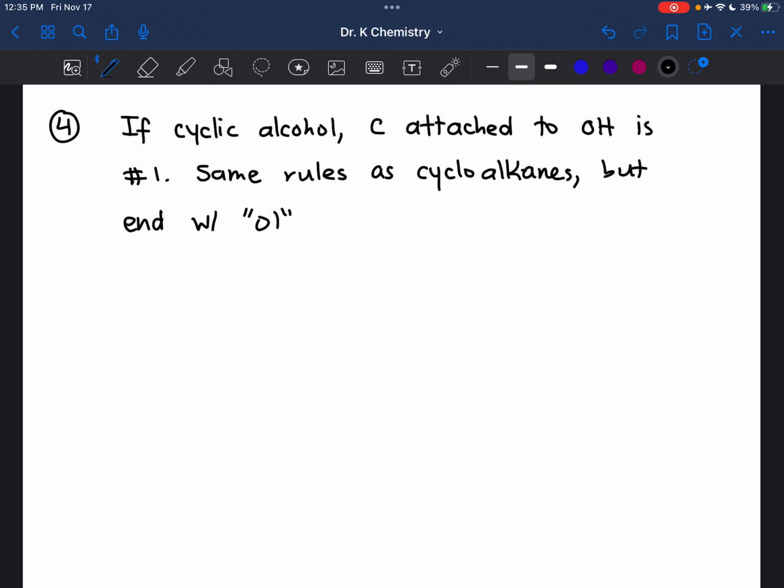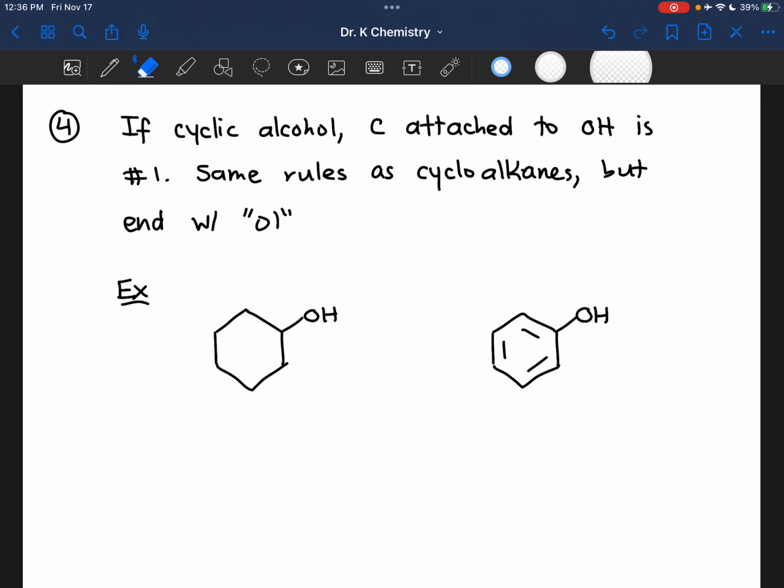Let's try a couple of examples. Okay, one thing I want to make sure that we're very careful with is these two are very commonly mixed up and they are very, very different things.